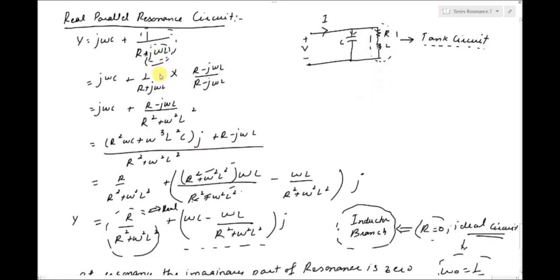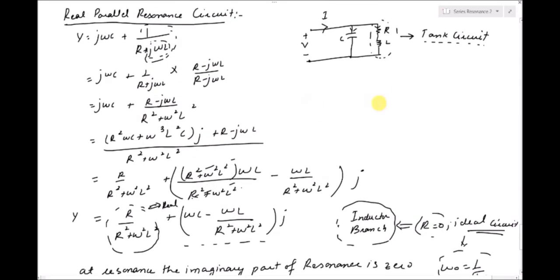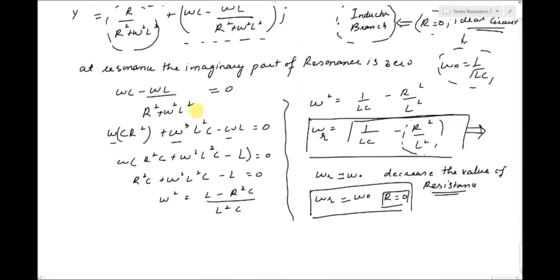And after solving the formula of admittance for this particular tank circuit, we got the value of omega r, which is the resonant frequency of the real parallel resonance circuit, and it has an extra term which is dependent on the value of resistance. So if you have to make the circuit ideal, you have to decrease the value of resistance, and the omega r will be equal to omega naught when the resistance will be equal to 0.